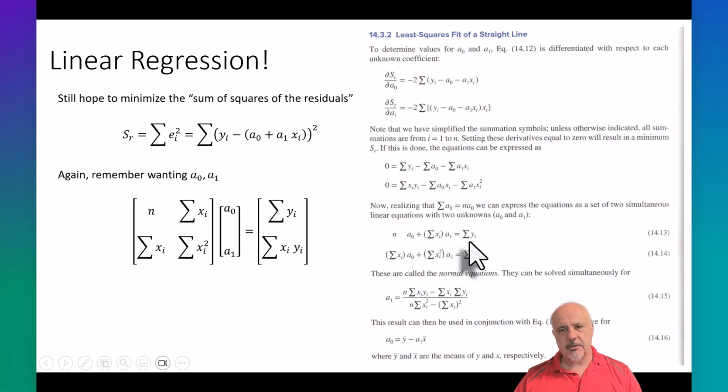And I would have summation of y sub i divided by n, which is y bar. And I would subtract A sub 1 times x bar, which is the sum of x sub i divided by n. So A sub naught is very easy to get. A sub 1, very easy to get.